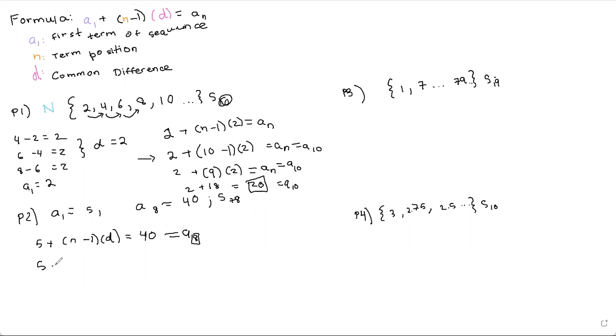That's 5 plus 8 minus 1 times d, which is equal to 40. Plugging this in gives us 7 times d, which is equal to 40. Doing a bit of algebra, subtracting 5 on both sides, 7d is equal to 35.